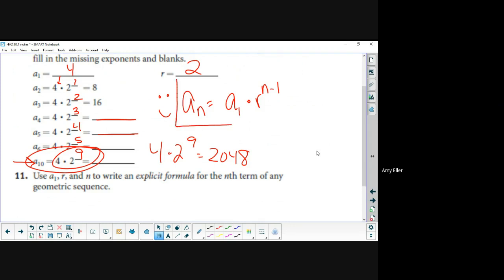So this is what you want to write. I can find any term, a sub n: a sub 1 times r to the n minus 1. Don't get sloppy. Try to make sure your n minus 1 is small. It's above the r as the exponent.